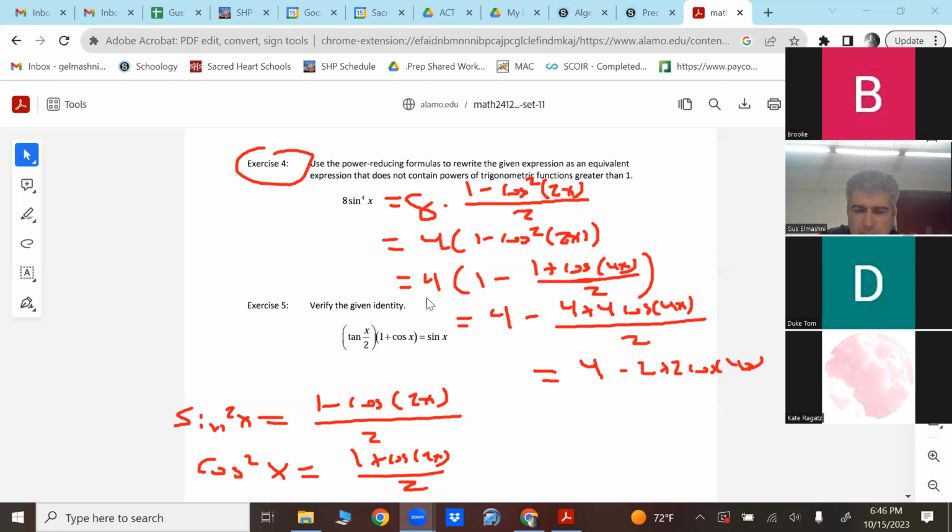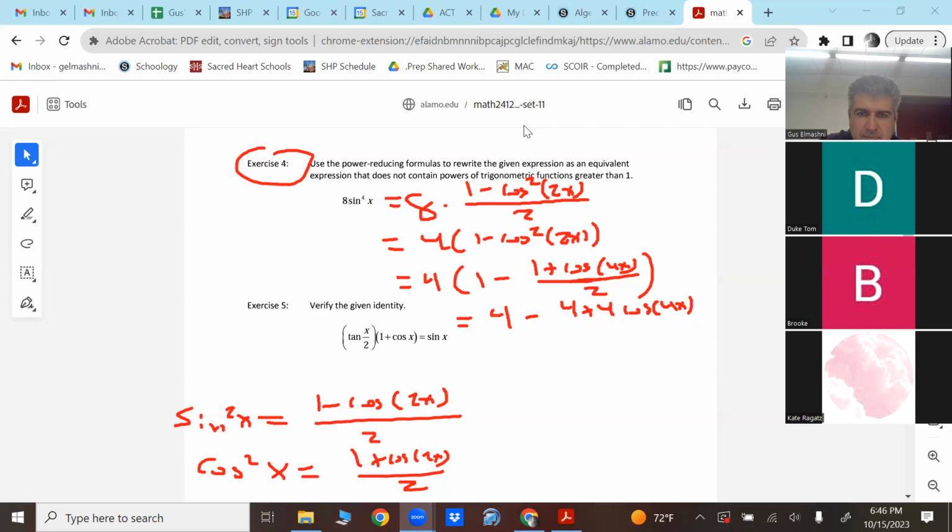Actually, hold on, I think I did something wrong here. Oh, I messed this up, guys. Sorry. I messed up pretty hard. Wait, did I? No. Is it supposed to be -4 minus 4 cosine x? Because in the next step. Hold on.